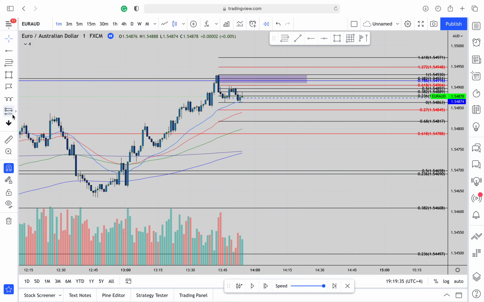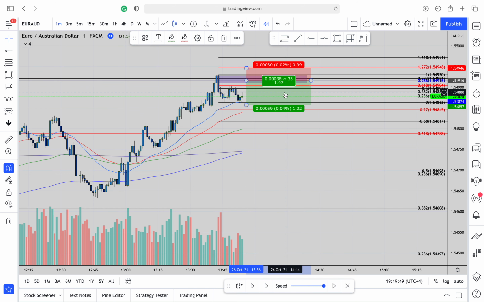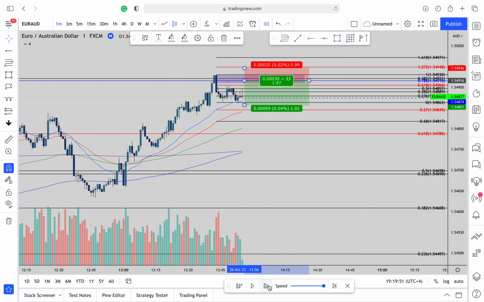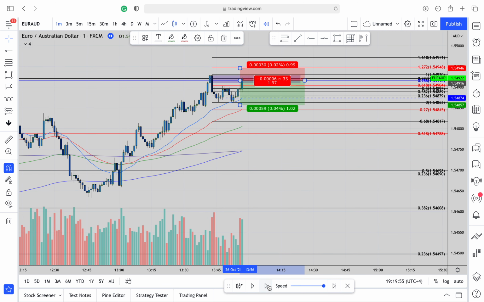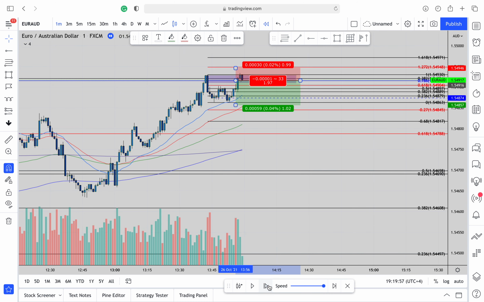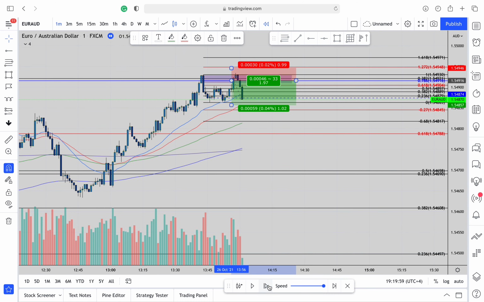So for me, it was valid to try to enter from here, from this area of an order block, and put my stop loss just above this high. So 3 pips I did, and then the market started moving upwards, and it tapped, dropped, then moved up a little bit and started moving down.